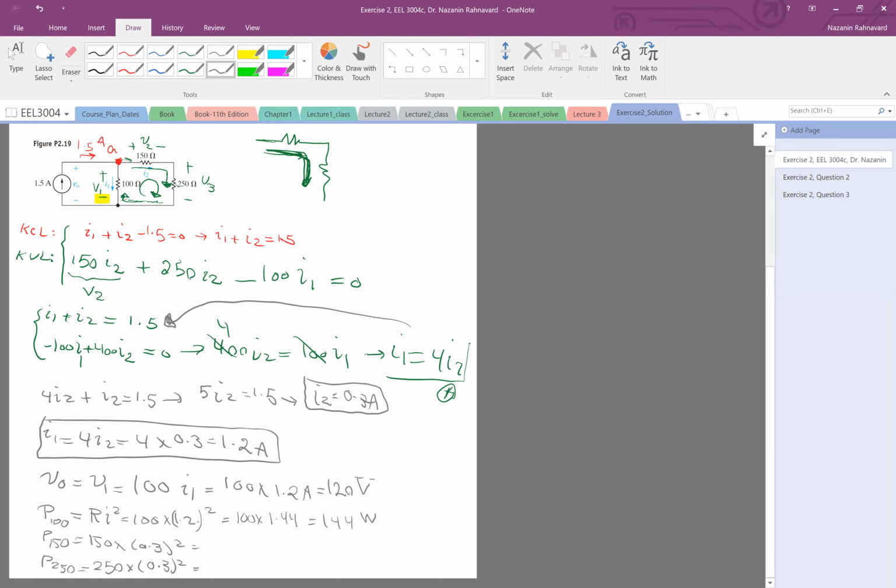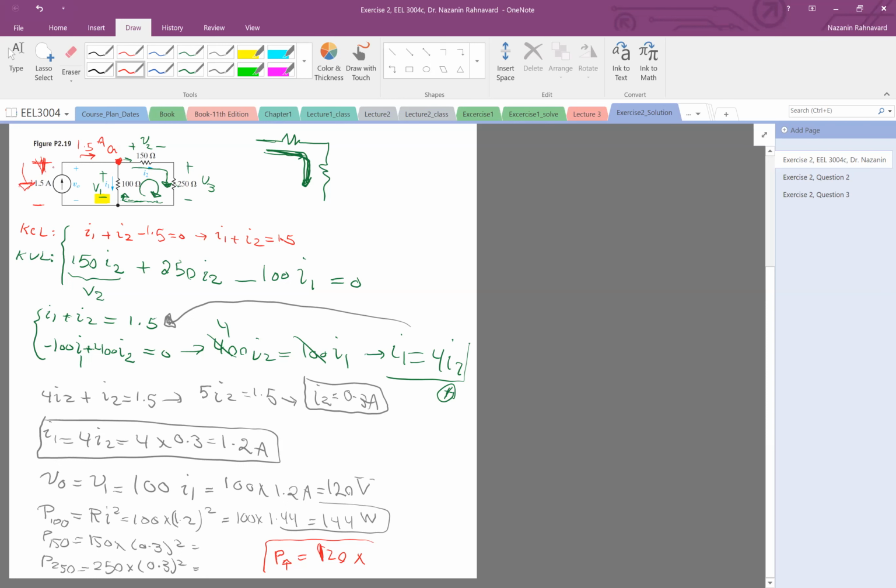So we can calculate this, but also let's do the power of the current source. I use VI, but just remember, if I look at V plus minus here, V was 120 volts, but the current has to go this way conventionally if it's positive.